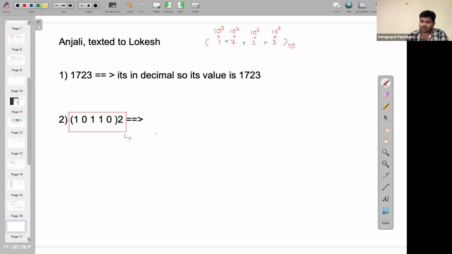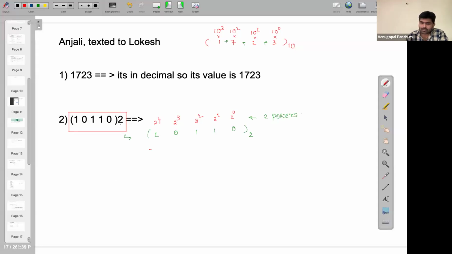Since it is in base 2, 1, 0, 1, 1, 0, now you are going to write all the 2 powers starting from 0: 2 power 0, 2 power 1, 2 square, 2 cube, 2 power 4.